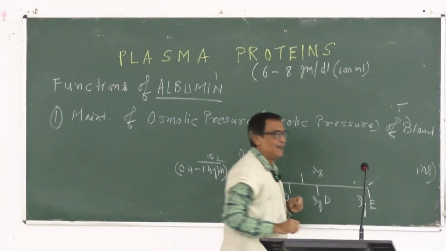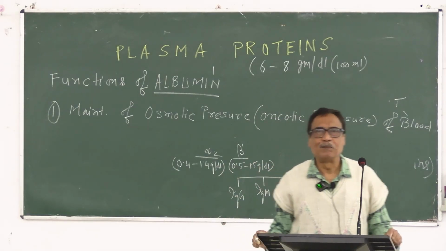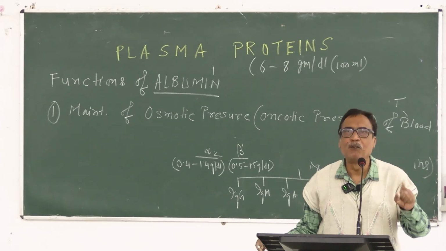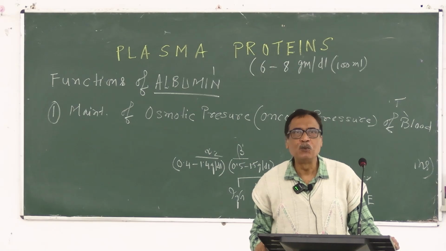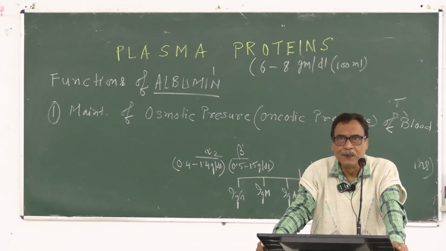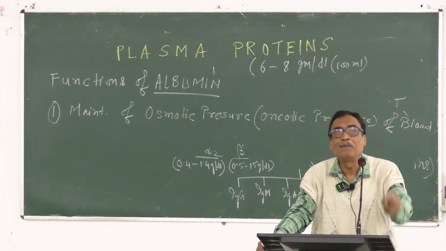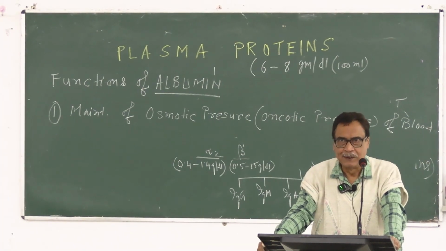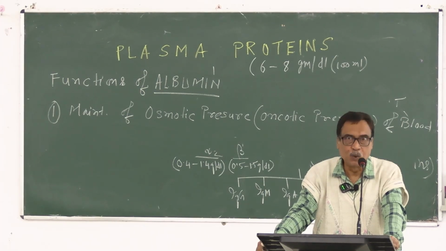Now what happens if the osmotic pressure is not maintained? In hypoalbuminemia, a lower than normal albumin level, particularly less than 2 gram per dl, where the normal level is 3.5 to 5 gram per dl, there are many causes of the decrease, which I am coming to. But what happens when albumin or total protein is decreased? There will be lowering of the osmotic or oncotic pressure.